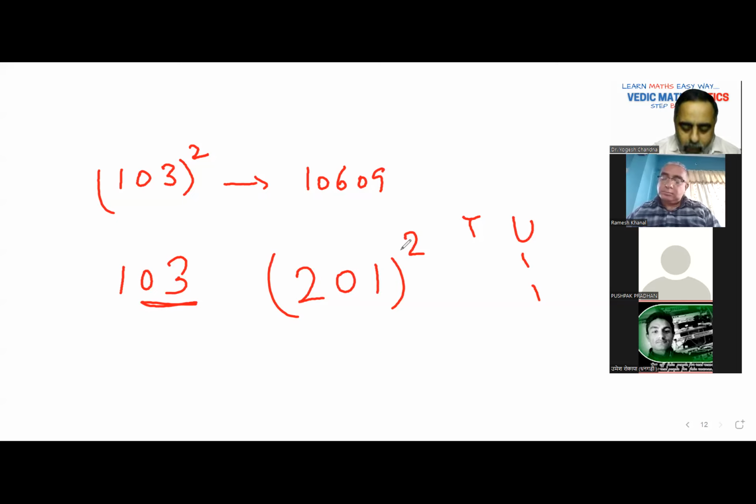The square of 20 is 400. Yes, everybody got it? Karthik, are you getting it? 280. I just joined 1 minute ago.